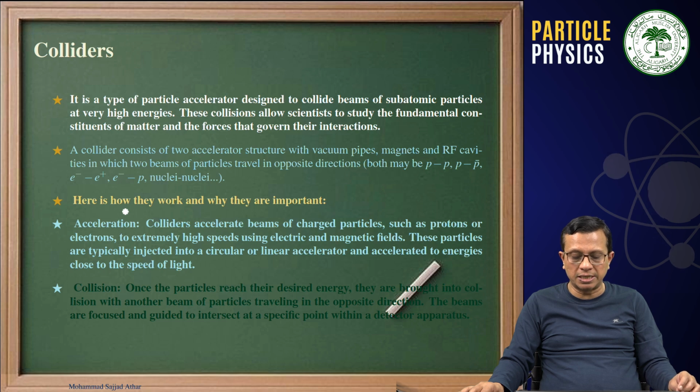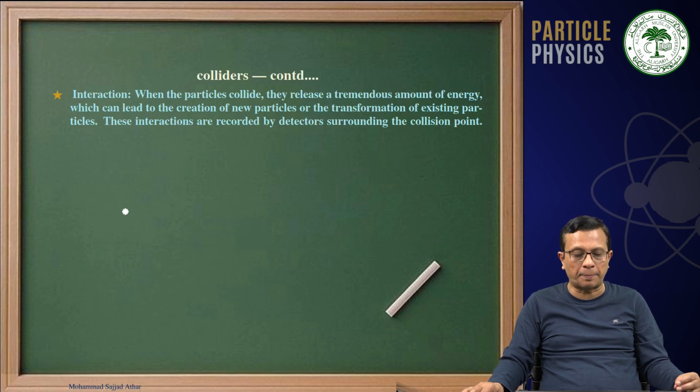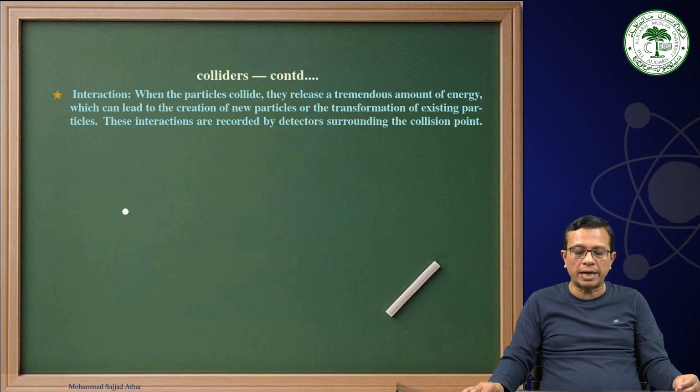Once the particles reach their desired energy, they are brought into collision with another beam of particles traveling in the opposite direction. The beams are focused and guided to interact at a specific point within a detector apparatus. When the particles collide, they release a tremendous amount of energy, which can lead to the creation of new particles or the transformation of existing particles.